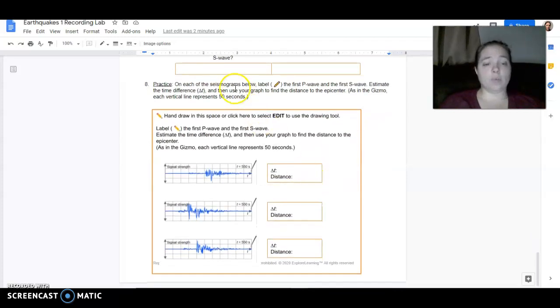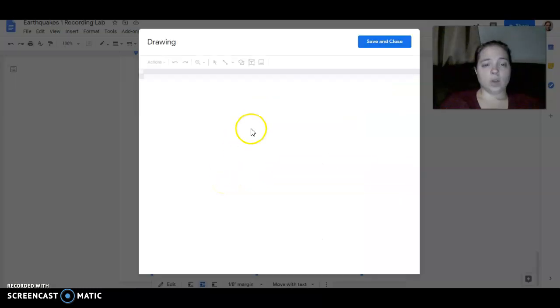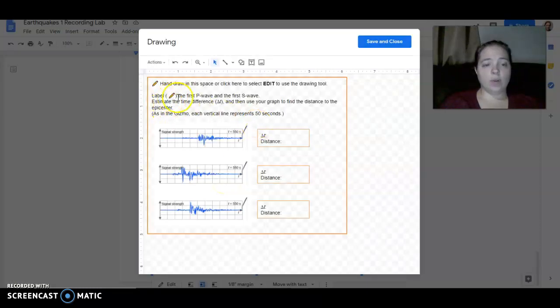All right, so now you're going to practice on each of these. It says label the first P wave and the S wave, and estimate the time difference. So you're going to do what I was doing on the slide. I would say take the line and put a line like this, and I'm going to make mine a little bigger.